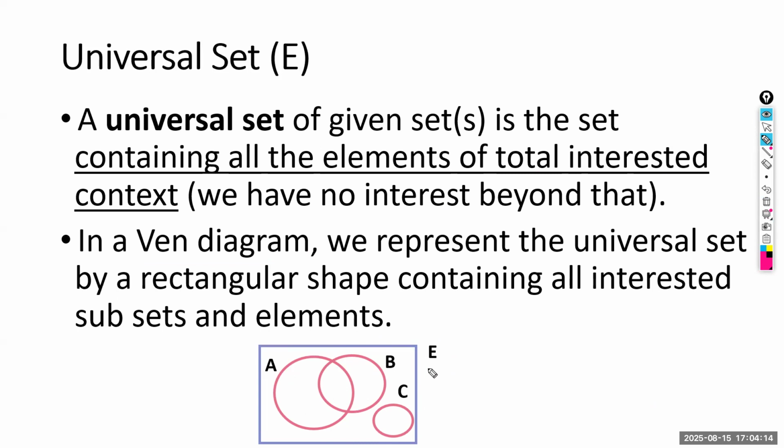If there's something like this, definitely this is not your universal set, or you have selected a wrong universal set. If it is your interested context and you are interested in this set, how can we have elements here? That means you have not marked your universal set properly. Is it clear?